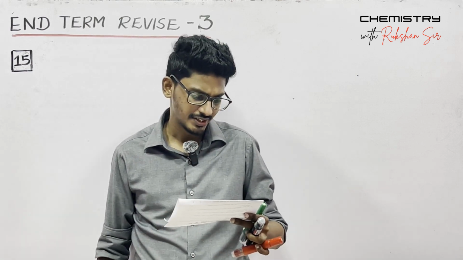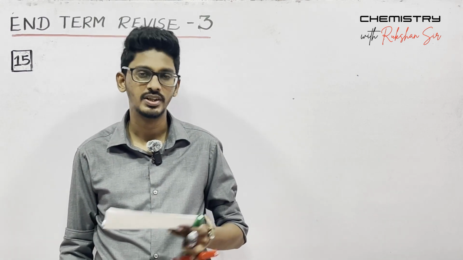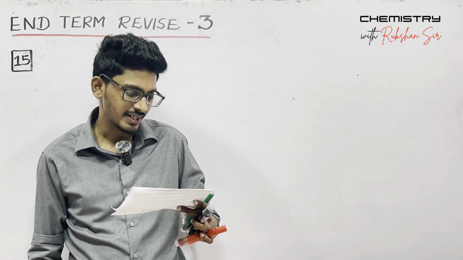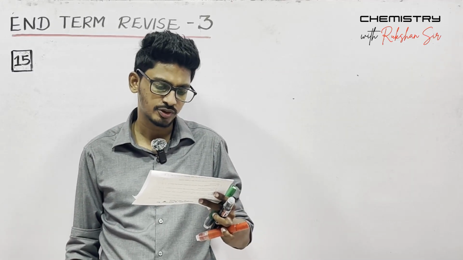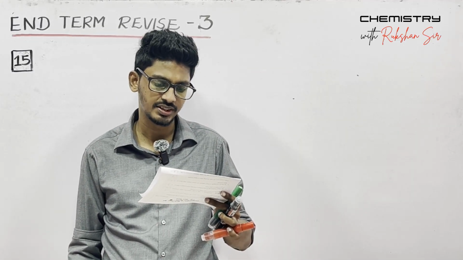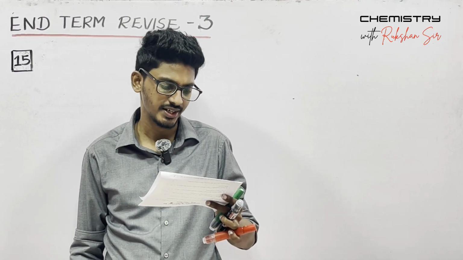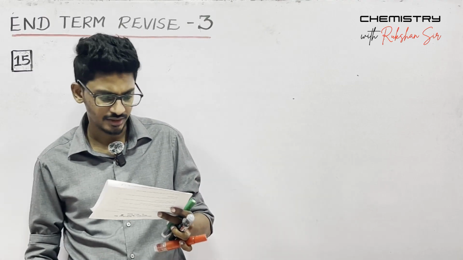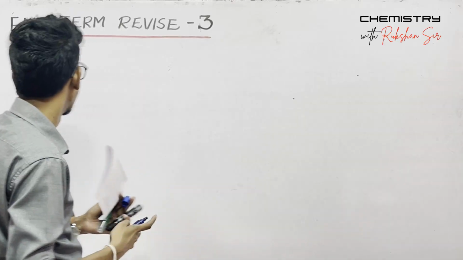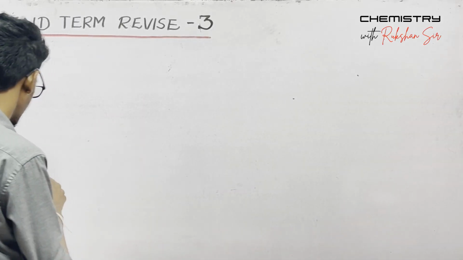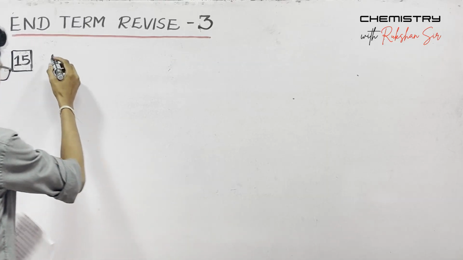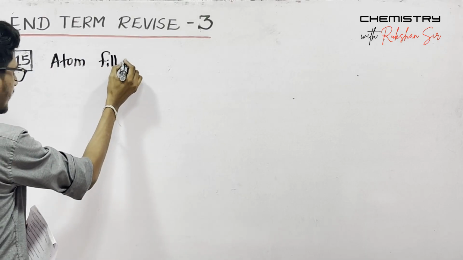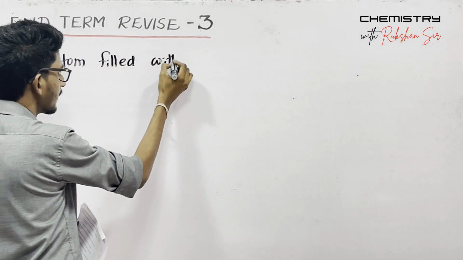Let's discuss statement 15 of your in-term revised tree. In an atom filled with electrons, 4s electrons are with greater energy than 3d electrons. So we are considering an atom filled with electrons.